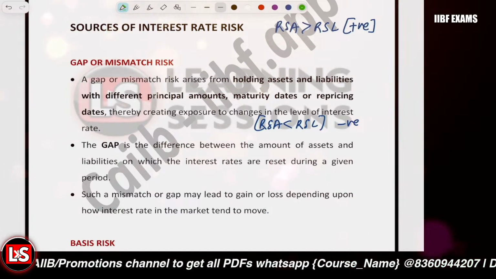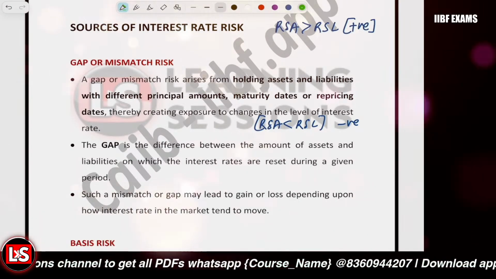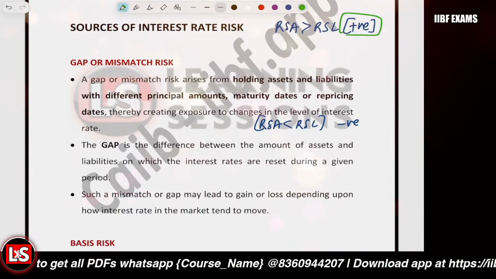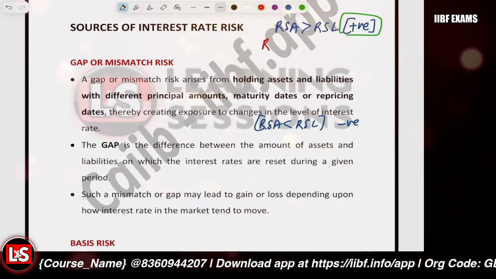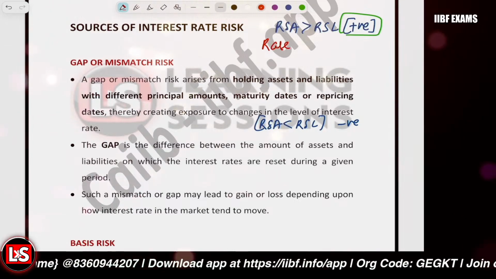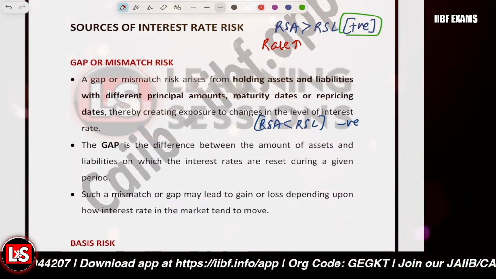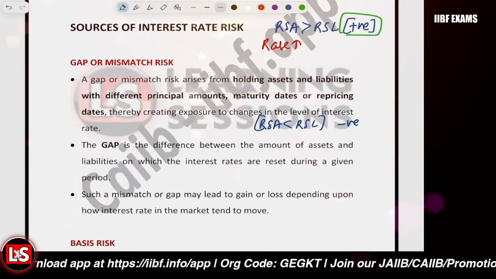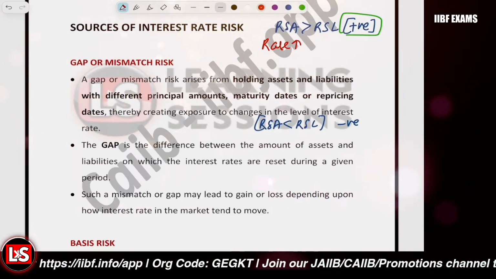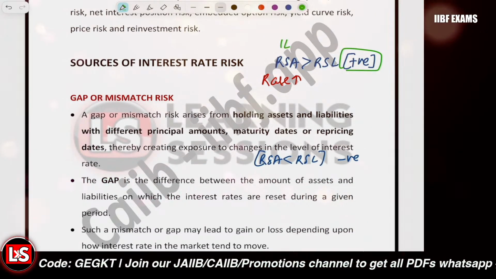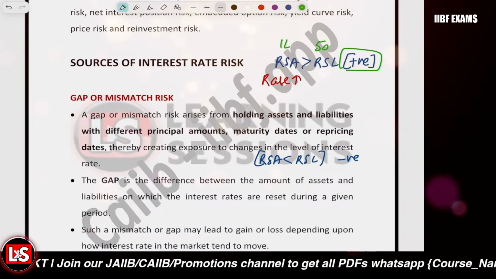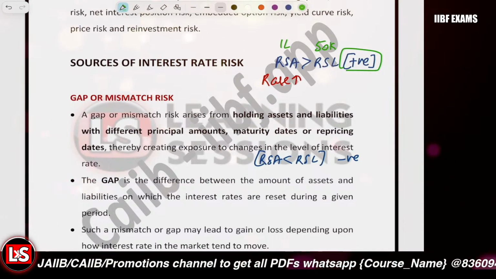So in case of the positive gap, if the interest rate increases, will the profit increase or decrease? You have more risk sensitive assets. Let's say you have risk sensitive assets of 1 lakh and liabilities of 50,000.